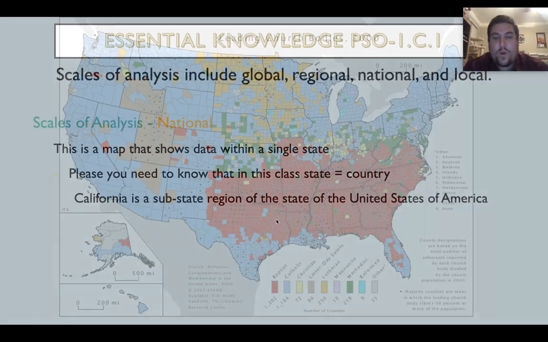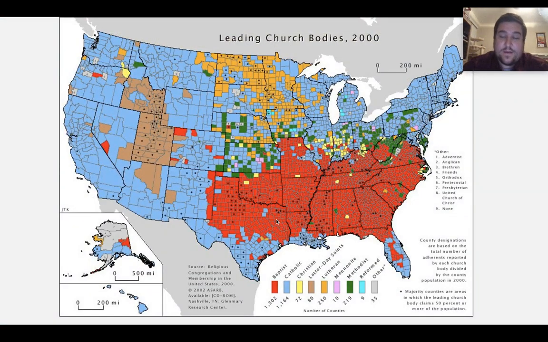National scale is where you're looking at just one single state. Now, do not confuse the term state with what we think of as a state. When it comes to human geography and geography in general, California is not a state. We are a sub-state region. The state is the United States.